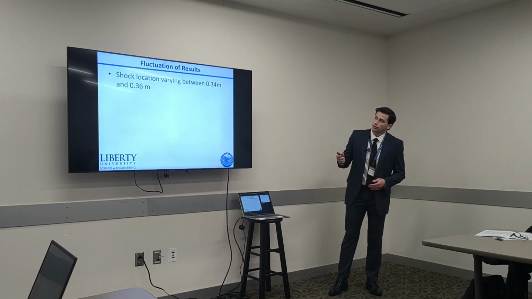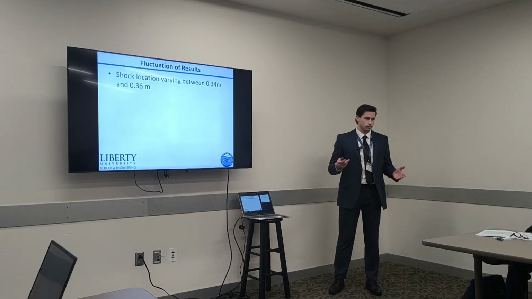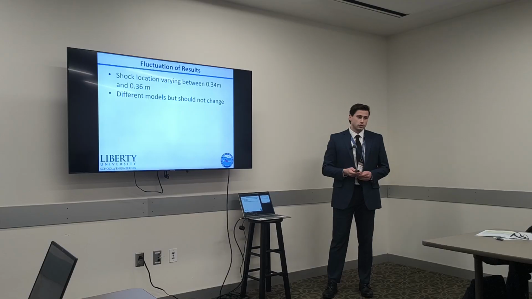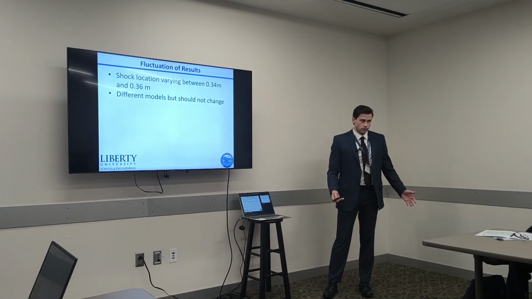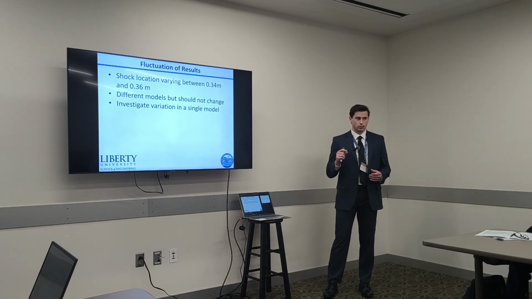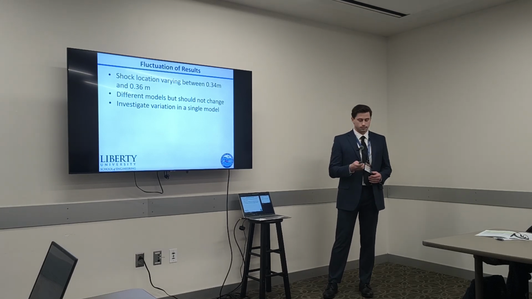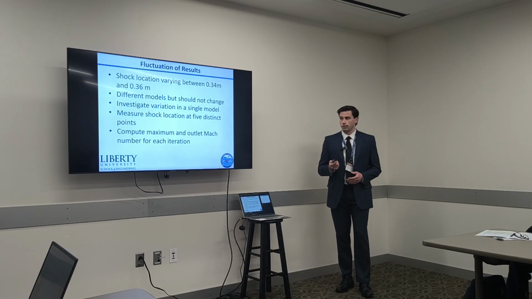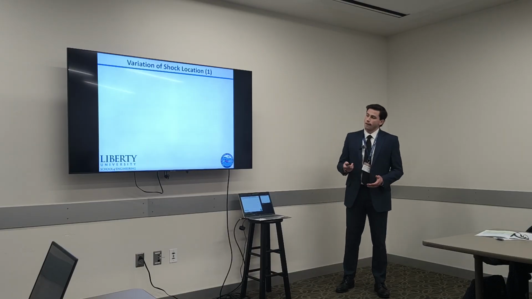And you'll notice here that the shock location is varying a lot between 0.34 meters and 0.36 meters. These are different models, but they shouldn't change because all we're changing is the residual smoothing. So we decided to investigate what kind of variation we would achieve in a single model. We measured the shock location at 5 distinct points, and also computed the maximum and outlet Mach number for each iteration.